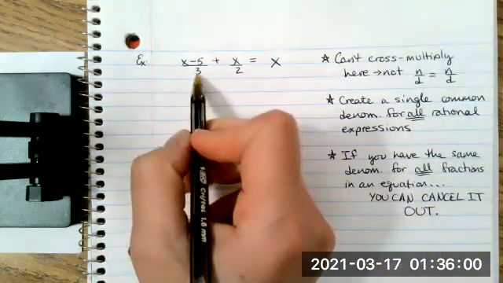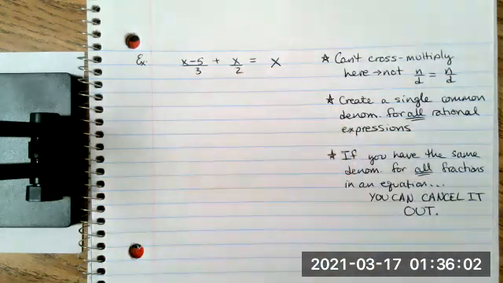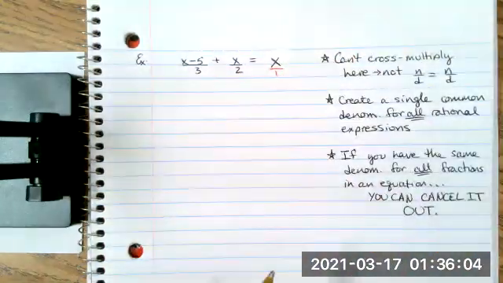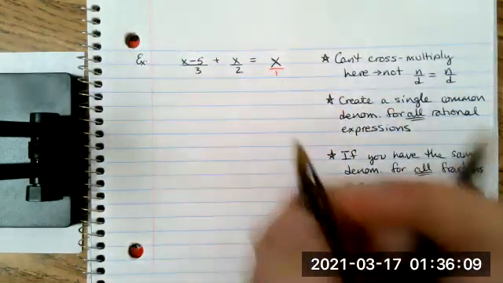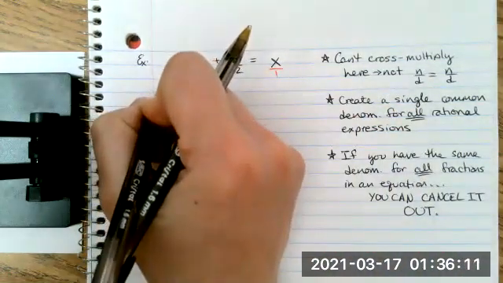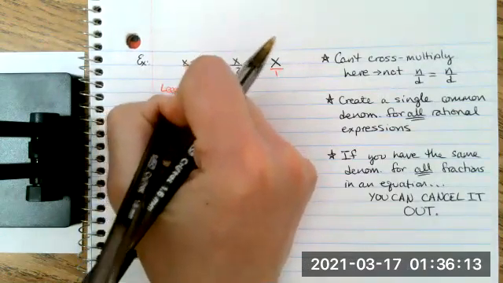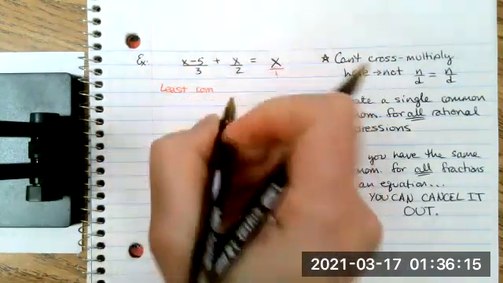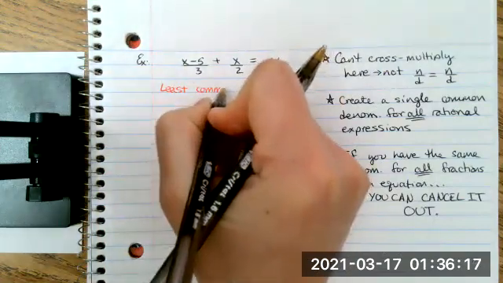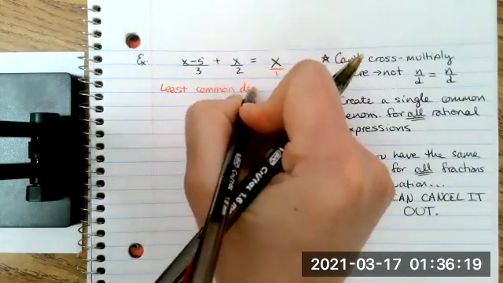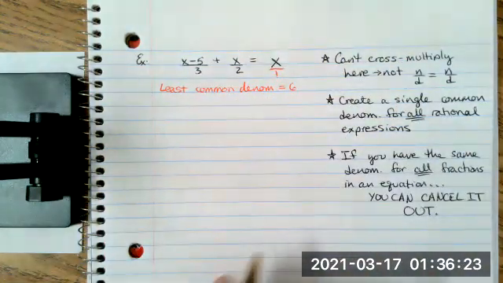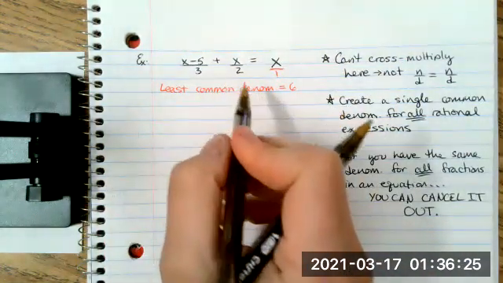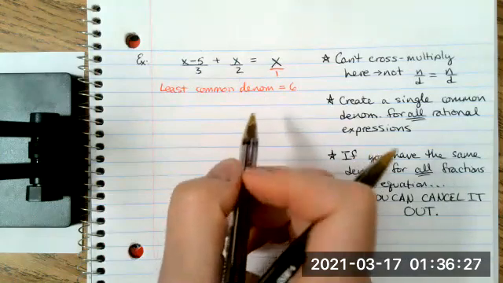I've got denominators of 3, 2, and 1. So this is a simpler version of a common denominator. The least common denominator, the smallest number that I can make here, would be a 6, because 3 and 2 will both multiply to a 6.